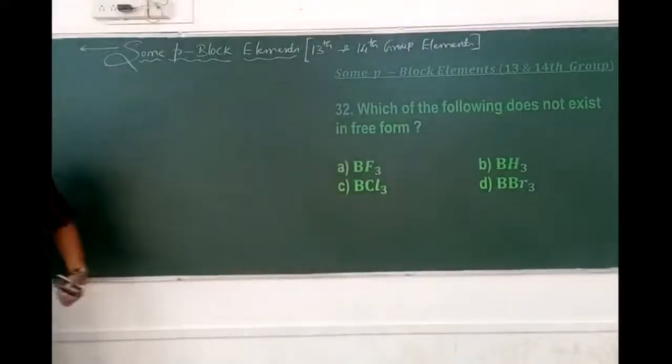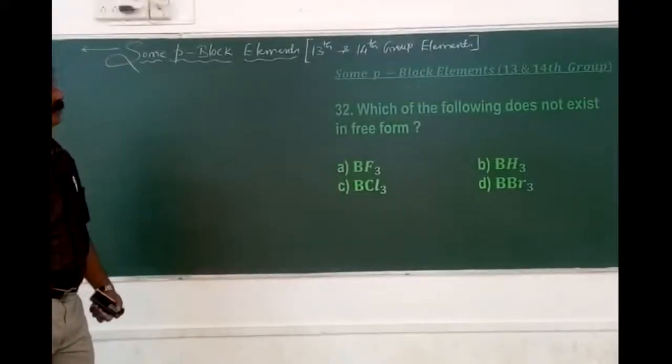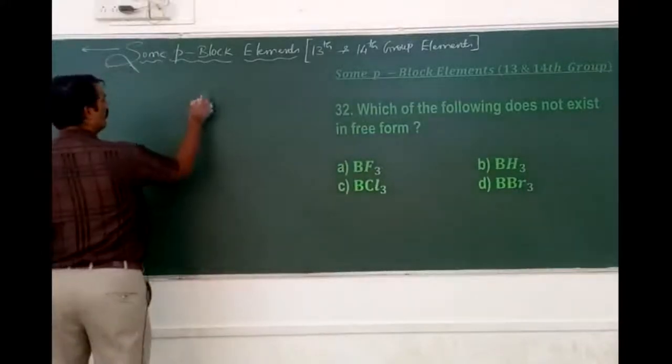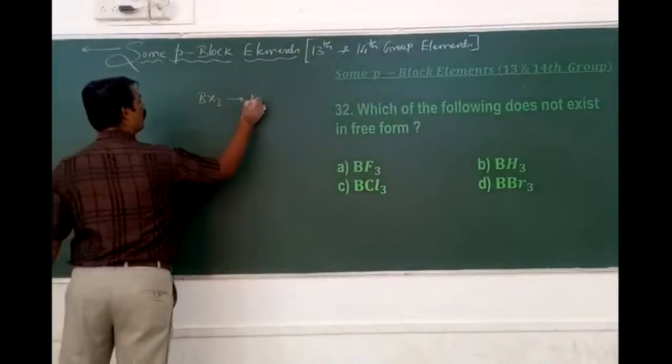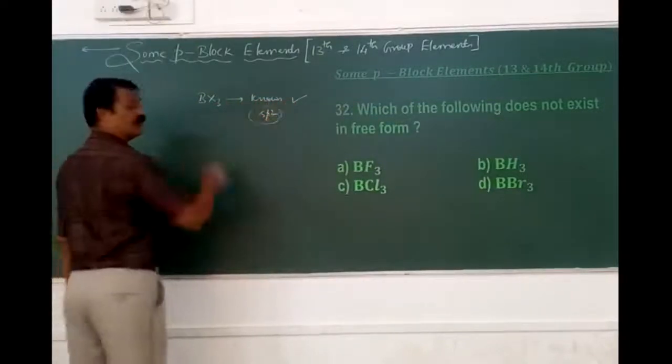Which one of the following, 32, doesn't exist in the free form? Boron trihalides are best known. BX3 are known because of stable sp2 hybridization.